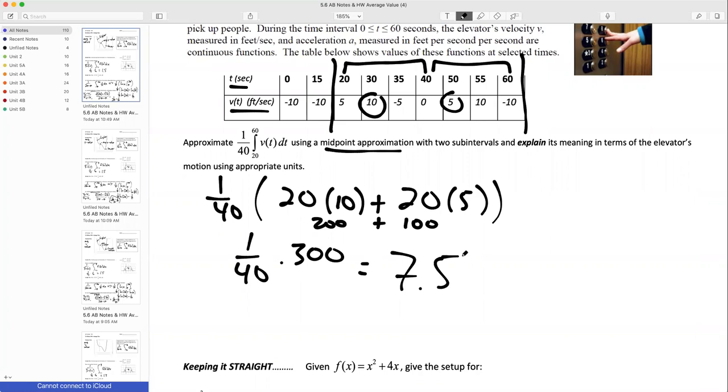Wait, so how'd you do the 10 and 5? Okay, so since this is a midpoint approximation, the first rectangle goes from 20 to 40. What's the midpoint of 20 and 40? 30. Oh, okay. What is the height at 30? 10. And this one, the height is 5 because the midpoint is 50.